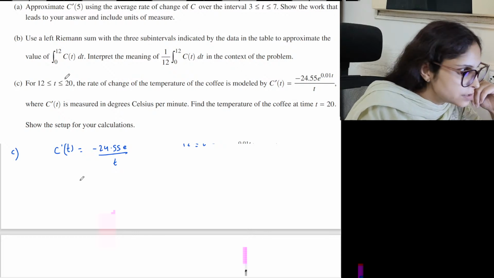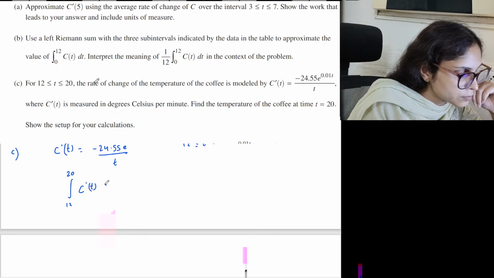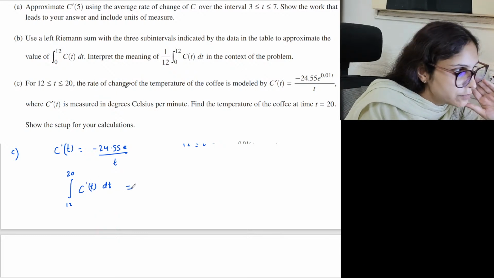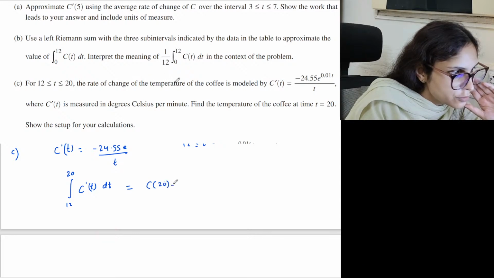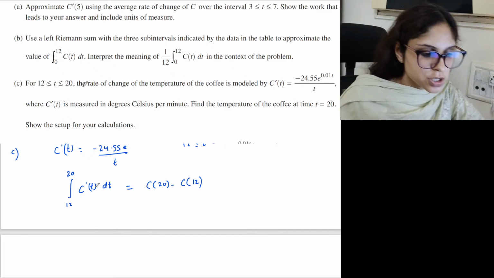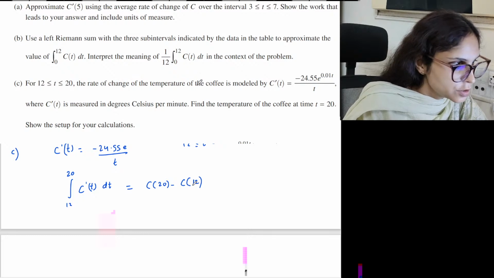So if you integrate this, after integration, writing dt is very important. That will be equal to C of 20 minus C of 12. Why? Because integration of C derivative is just C, and we're just using definite integral. We are writing the top value and subtracting the smaller value.